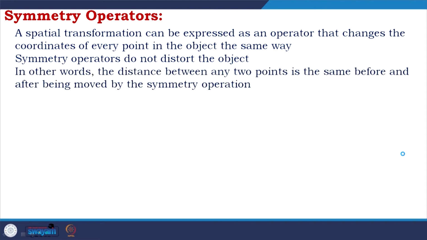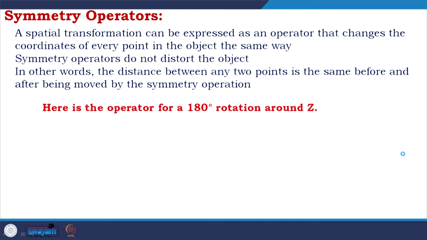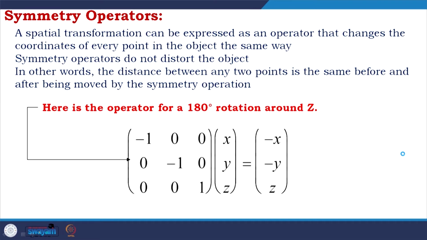In other words, the distance between any two points is the same before and after being moved by the symmetry operation. Here is the operator for a 180-degree rotation around the z axis. So, you see the operation happened around the z axis. x and y change: x, y, z becomes minus x, minus y, z.